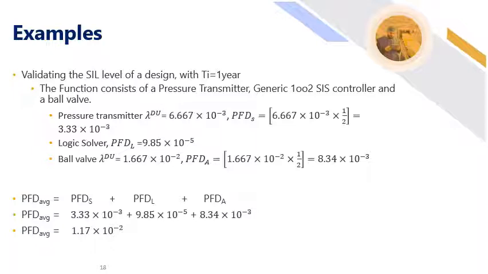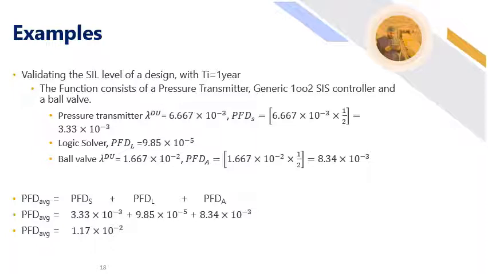And to convert that to a PFD value, we'd be putting it through the calculation, which uses 6.667 times 10 to the minus 3 times 1 over 2, where 1 is the testing interval. And that gives us a PFD for the pressure transmitter of 3.33 times 10 to the minus 3.